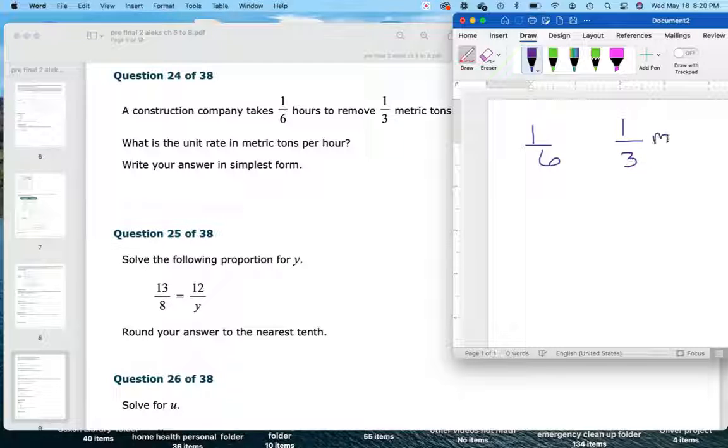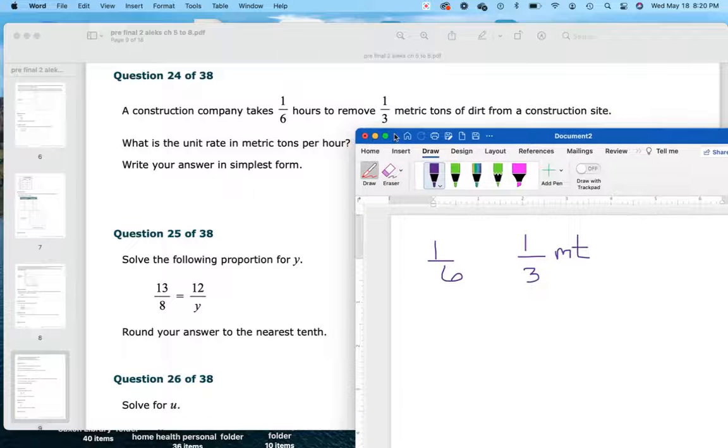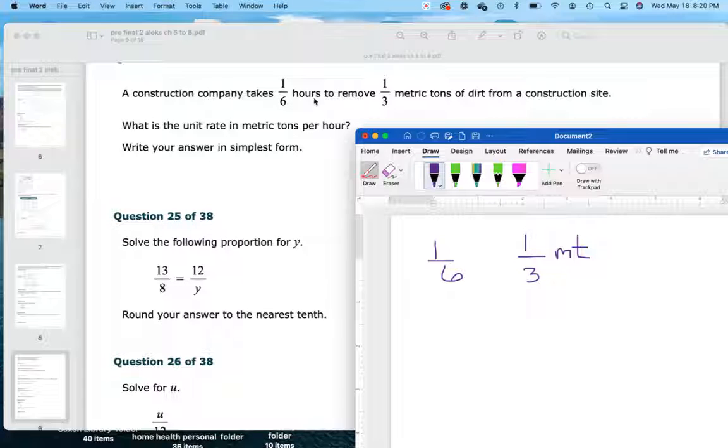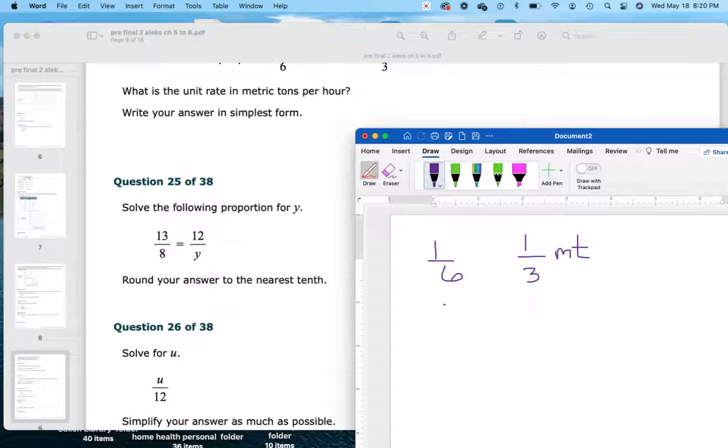We'll just put MT. I confess that I don't know the proper abbreviation for metric ton. I should, but I don't. Metric tons of dirt from a construction site. What is the unit rate in metric tons per hour? So it was the 1/6 that was hours. So we're going to say metric tons per hour.